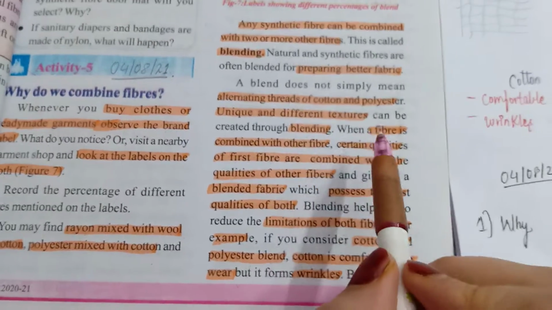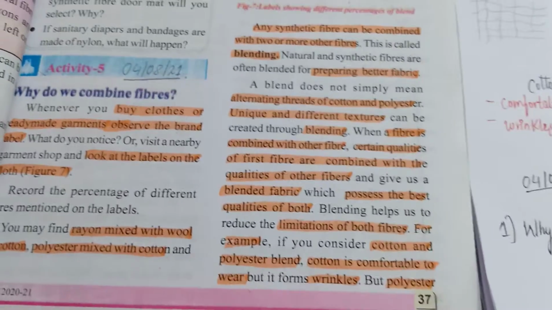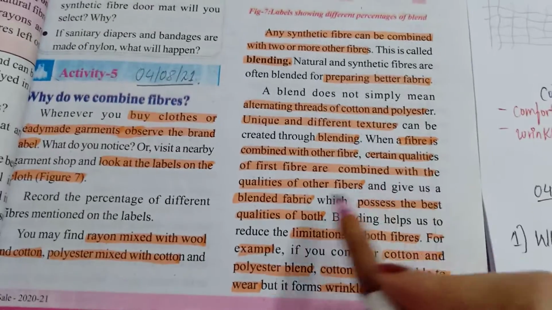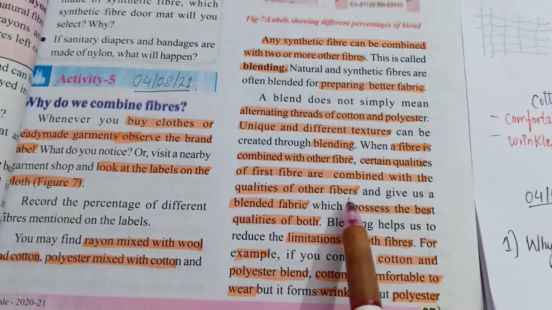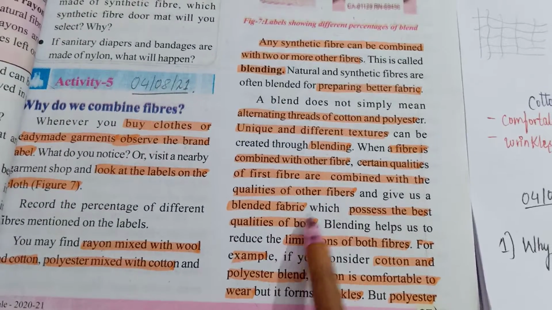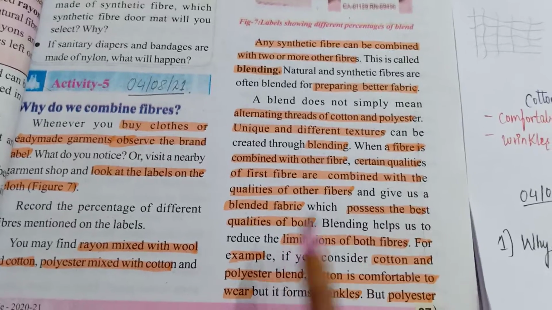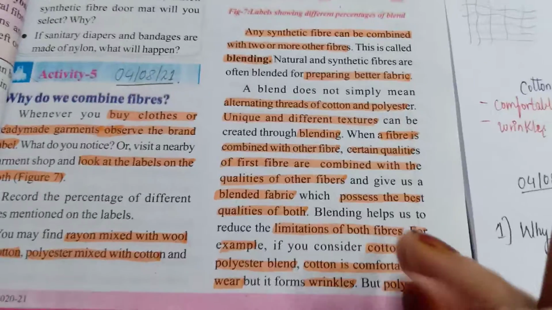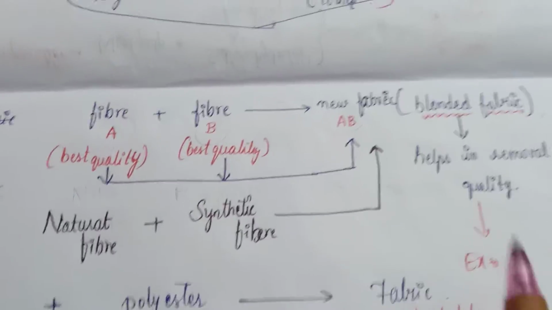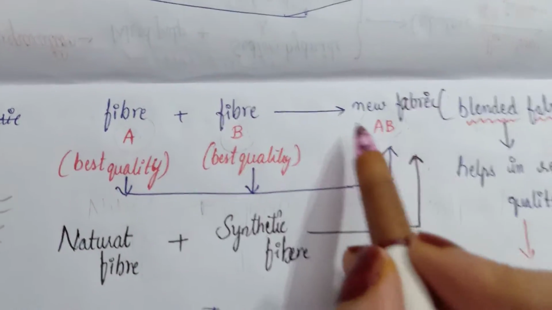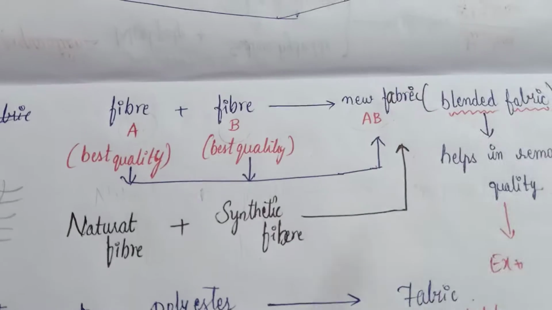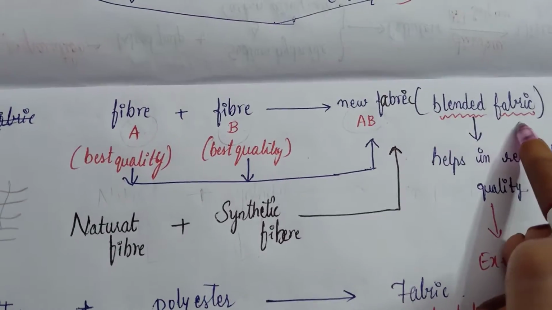And you know, when a fiber is combined with another fiber, certain qualities of the first fiber will combine with certain qualities of the other fiber, and it will give a blended fabric, right? And this possesses the best qualities of both, as I said. When a fiber is combined with another fiber, a new fabric will form. That fabric is known as blended fabric, right?